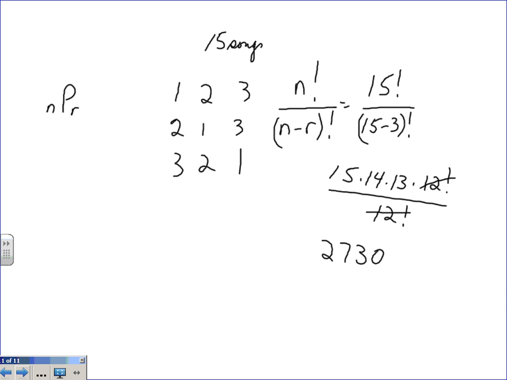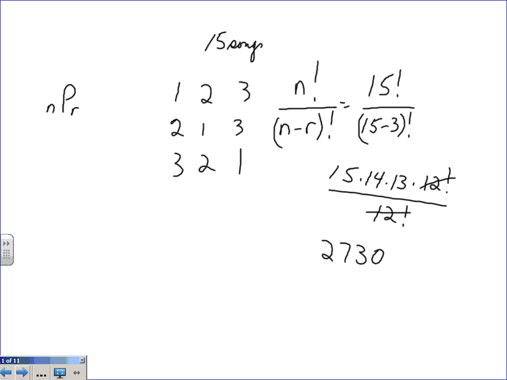So in your calculator, we're going to enter the number 15. We're going to go to your math. And by the way, if you scroll left one, it'll go right to the end there, probability. And then scroll down to nPr, and enter on that. So we have 15 nPr 3. And this is when order matters. Okay, does that make sense?